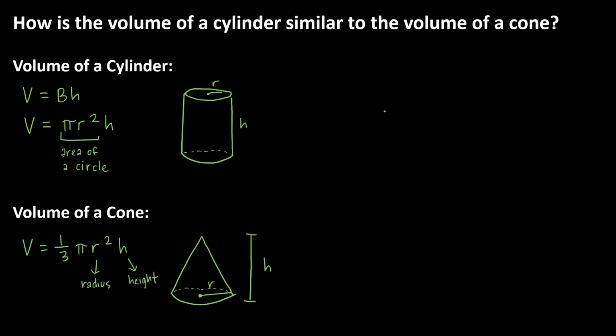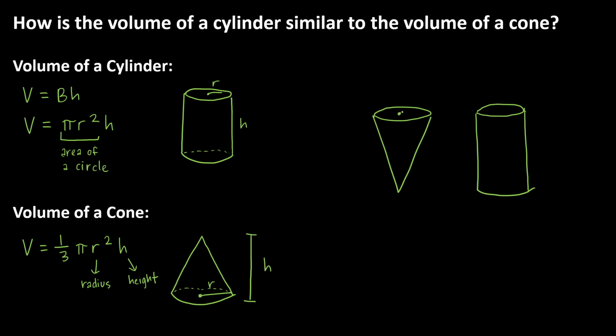So theoretically, let's say we have a cone and a cylinder with the same base. So let's say they have the same radius. The radius, let's call it 3 feet.